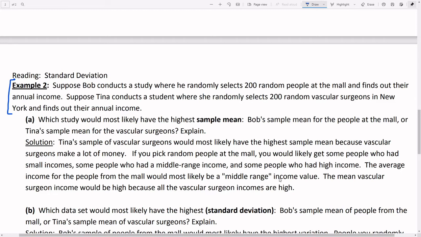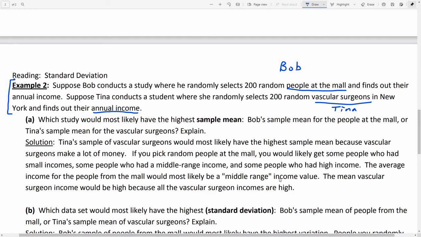So specifically, Bob is right here, and he's got people at the mall. Tina has got surgeons. So that's the connection you have to make. We are measuring income. So, the gears have got to start going right now. Income for people at the mall. Income for surgeons. And we've got to get that statistics brain going, right?